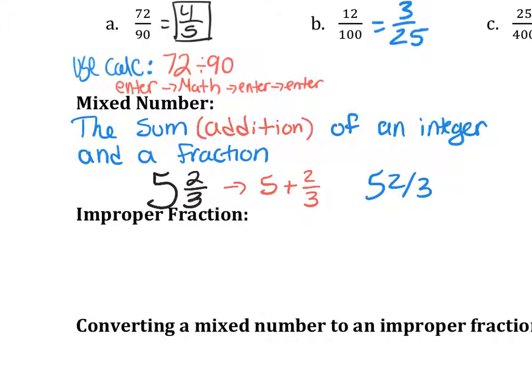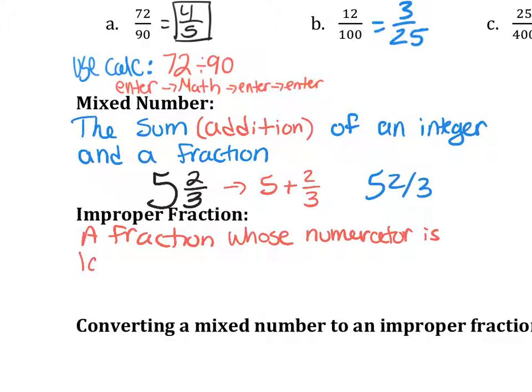An improper fraction is just a fraction whose numerator is larger than the denominator.